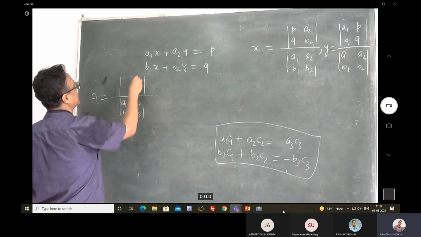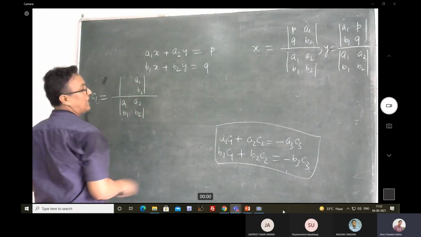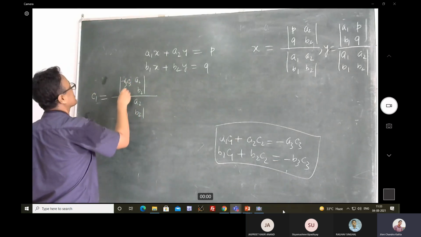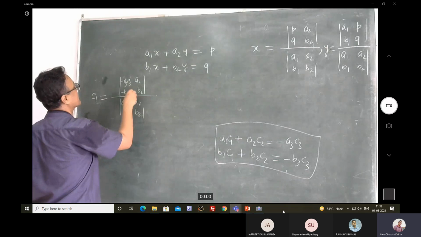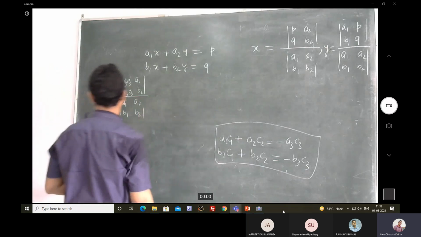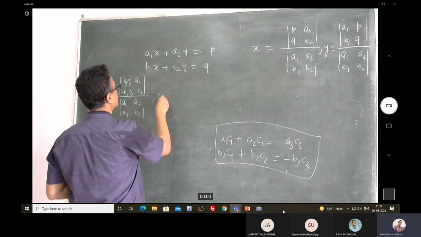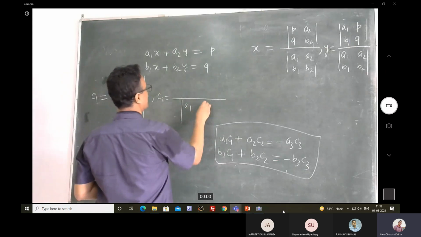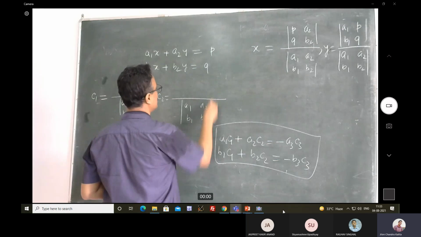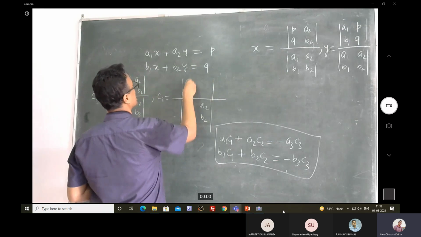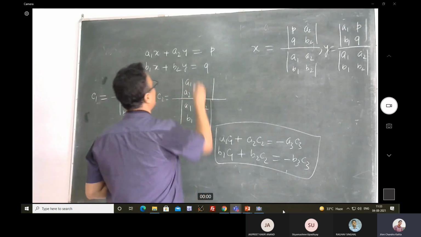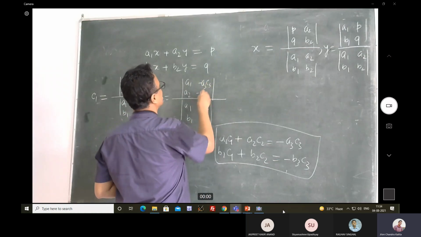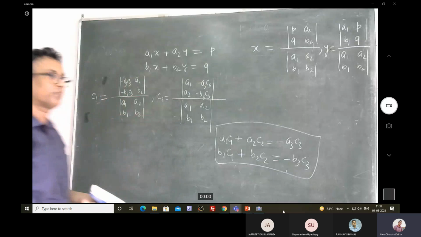And then your C2 is again over A1, A2, B1, B2, and now I'm going to replace the second column by minus A3 C3 and minus B3 C3.